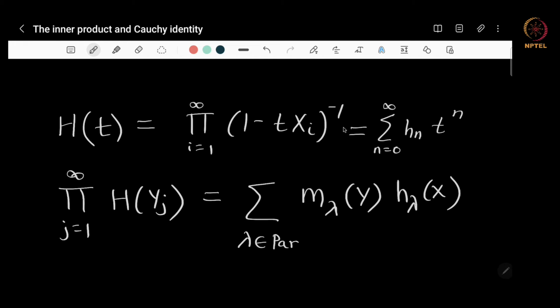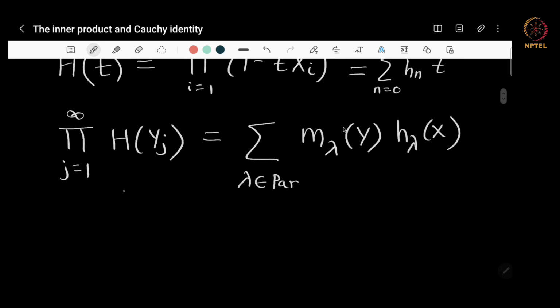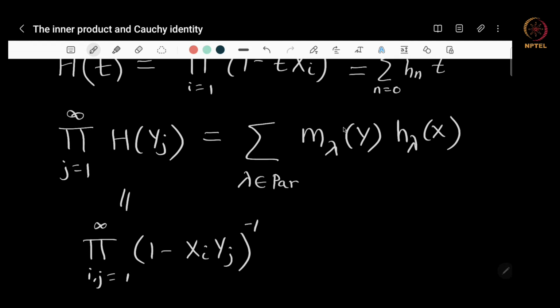So this is what that earlier calculation gave. We have already done one such calculation, but with the e's in place of the h's. So here's the corresponding version with the h's. Let's just rewrite this. What's the left hand side? This is actually a product over i's as well as j's, running from 1 to infinity, of (1 minus x_i y_j) inverse.